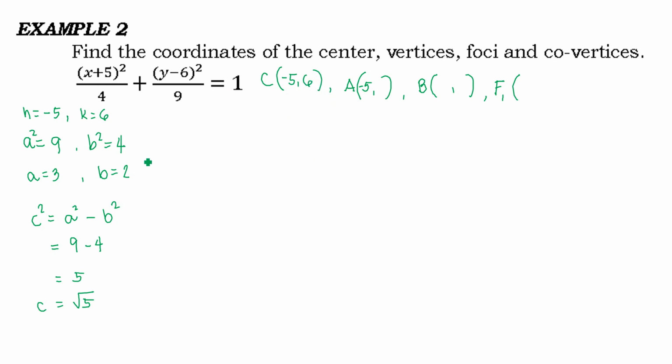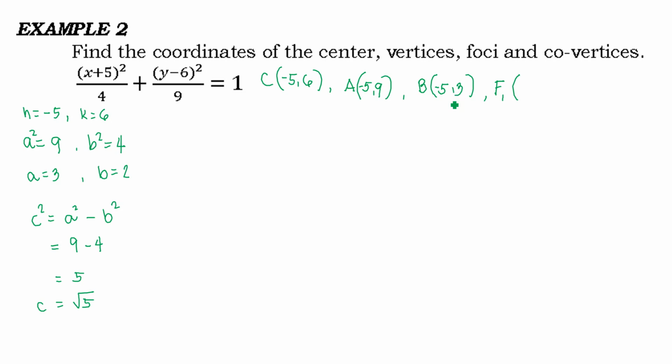So, 6 plus 3 equals 9. So, ito magiging 9. Dito naman, okay, for the second vertex, dapat -5 ito. Okay, just copy this one. And then, we have to subtract 3 here in 6. So 6 minus 3 equals 3.